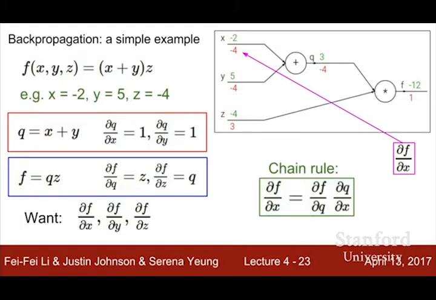Instead, if you use this formalism and you break it down into these computational nodes, then you can only ever work with gradients of very simple computations, at the level of additions, multiplications, exponentials, things as simple as you want them. And then you just use the chain rule to multiply all of these together and get the value of your gradient without having to ever derive the entire expression. Does that make sense? Okay, so we'll see an example of this later.